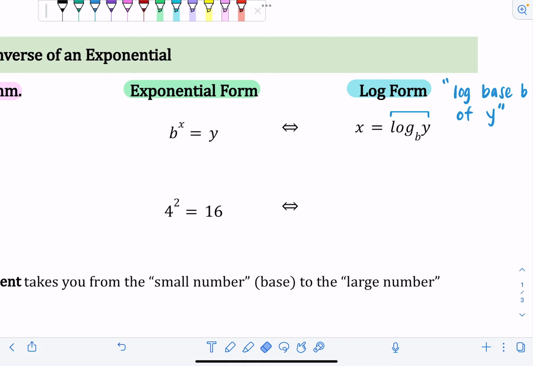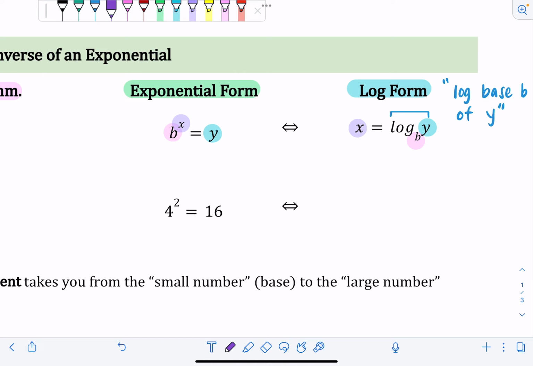Okay, so this b is the base of the exponential and it becomes the base of the log, this little b. And the purpose of a log is to isolate the exponent from an exponential. So in exponential form, the exponent is x. And when you go over to log form, that's the part that's by itself. It's isolated. And then the last thing, which doesn't really have a name, unfortunately, is this y, and that becomes what you eventually take the log of over here.